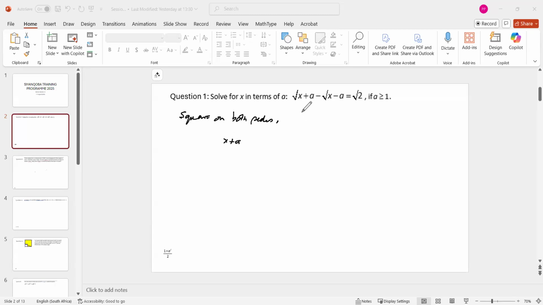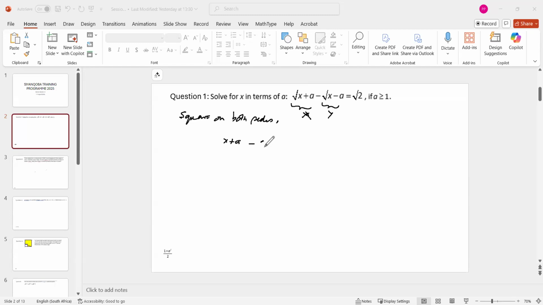But remember, when you're squaring, you've got two things here which are subtracted. And when you subtract, x minus y all squared, x squared minus 2xy.